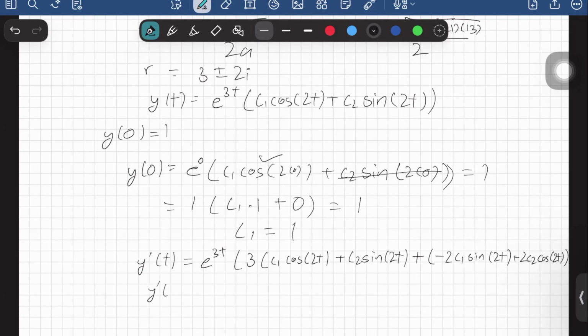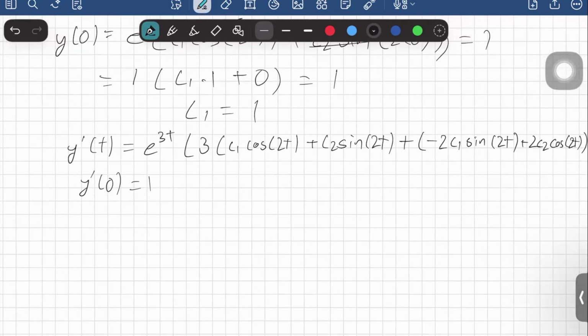So we know y prime of 0 is 1, and if we plug this in, 1 equals e to the power of 0, that's just 1, times 3c1, and we know cosine of 0 is 1, and sine of 0 is 0, so negative 2c1 is multiplied by 0.